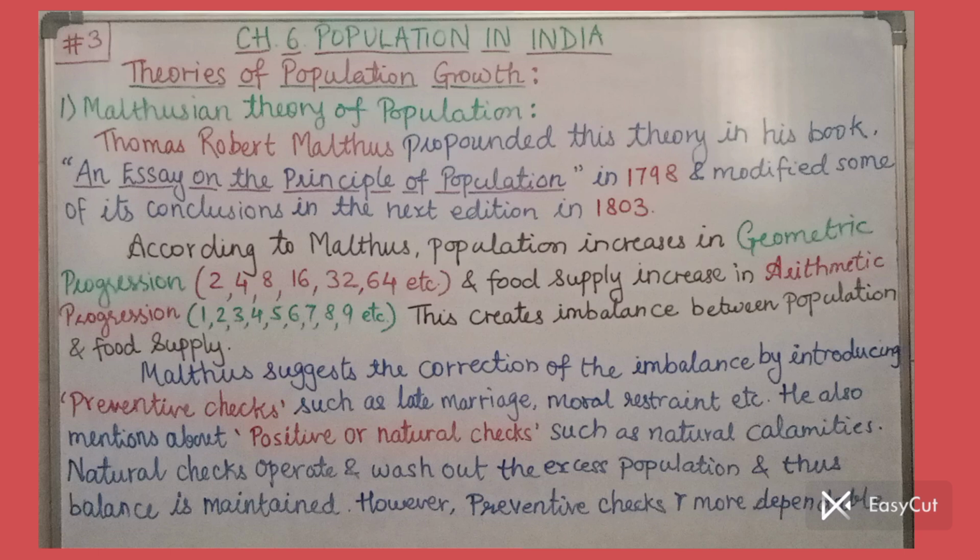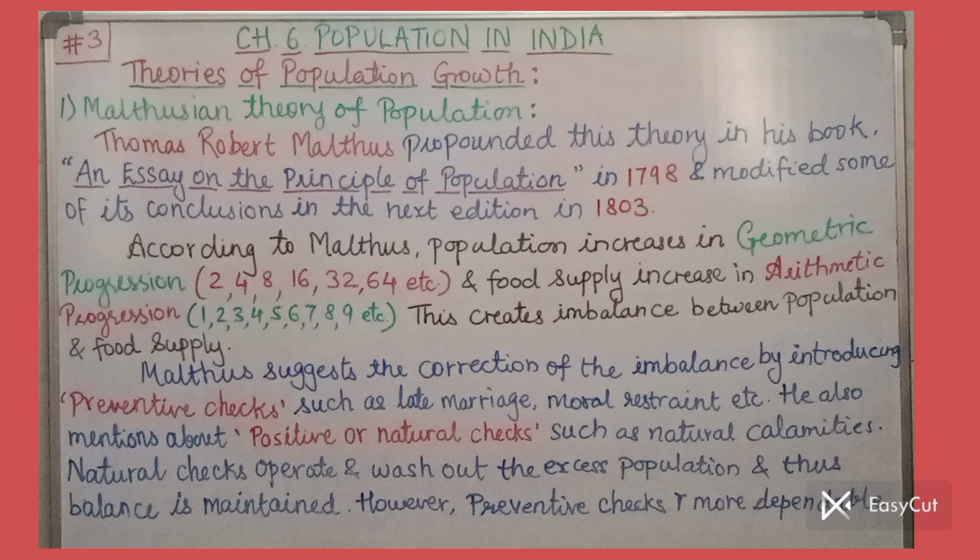And also Malthus mentions positive or natural checks. According to Malthus, there are certain natural checks such as natural calamities, certain natural problems, some disaster comes, which automatically wash out the excess population and thus balance is maintained.